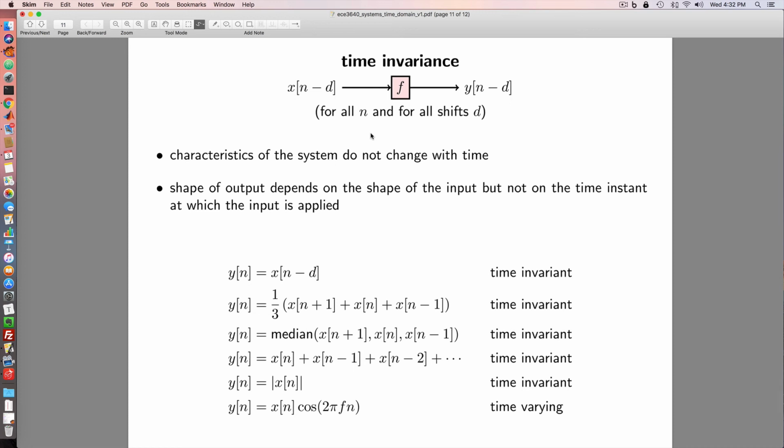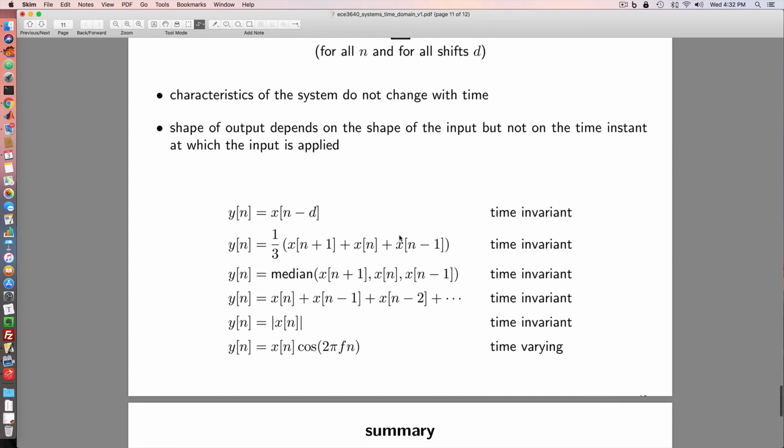Essentially, the characteristics of the system do not change with time, so it's time invariant. Of the examples that we have looked at, here are some that are time invariant: the delay system, the moving average, the median, the accumulator, the rectifier, but the modulator is time varying. You can tell by just looking at the coefficient. The coefficient that we're multiplying by is a time varying coefficient, and so of course it's time varying.